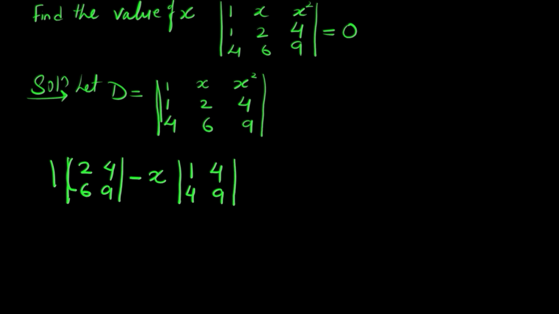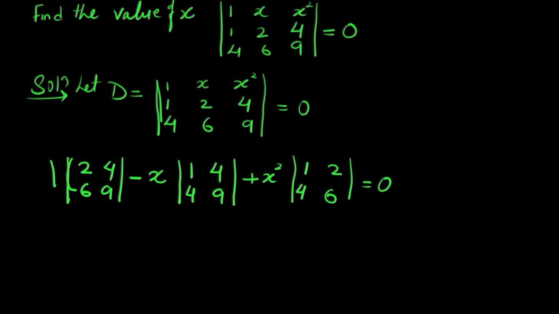The last one is plus x squared. Hiding first row, third column, we get 1 2, 4 6, equal to 0.